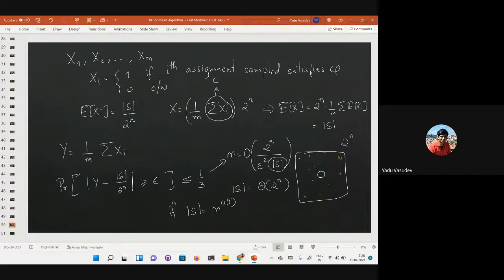So the idea that actually gives you an algorithm is a technique that is used in multiple places. It's an example of what is called importance sampling.